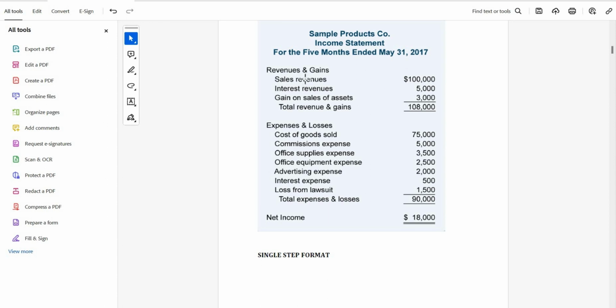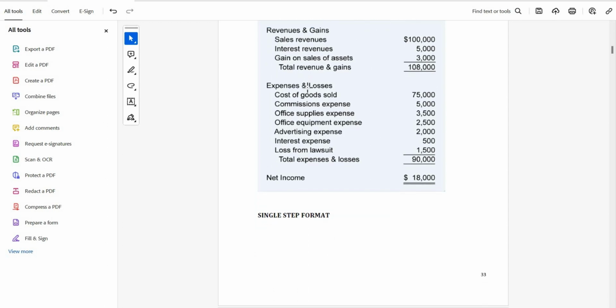These incomes consist of both trading income and income statement income, and these losses consist of both trading account cost and profit and loss cost. That is, cost of goods sold is a part of the trading account.